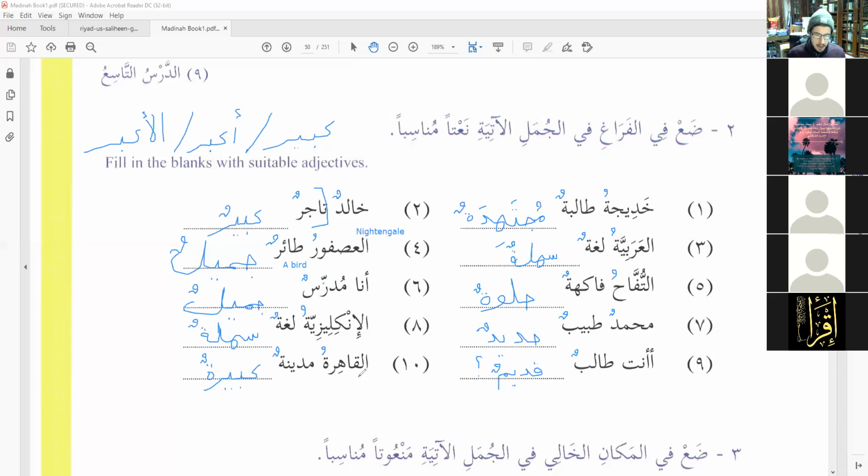We would need something else. So let's say, for example, if we have al-Qahiratu, let's try to keep as many things the same as we can. Al-Qahiratu would be what? Al-Madinatul Kubra fil Misr.